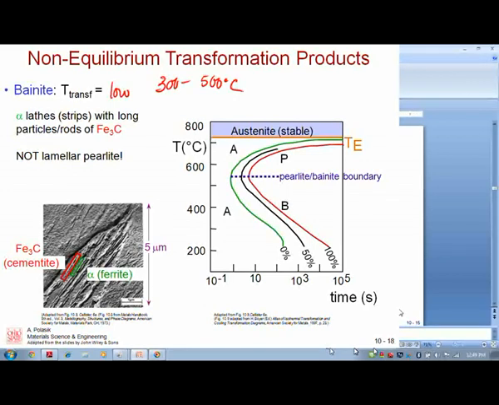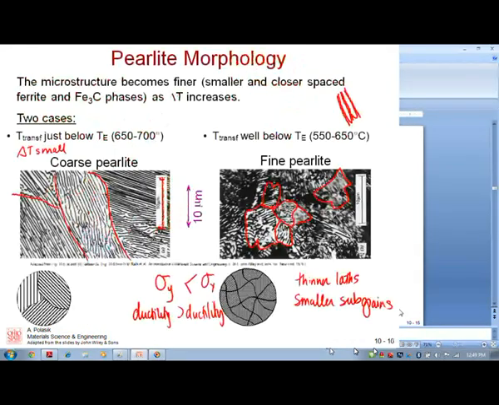If we can cool it instantaneously that low, we've really inhibited diffusion. And so now the symbiotic growth of alpha and cementite laths together is not going to happen. What's going to happen is we'll nucleate the alpha laths, but now we'll have little rods or particles of Fe3C in the alpha lath. So let's go back. So 5 microns, this would be the size of that little needle that we saw in the image.